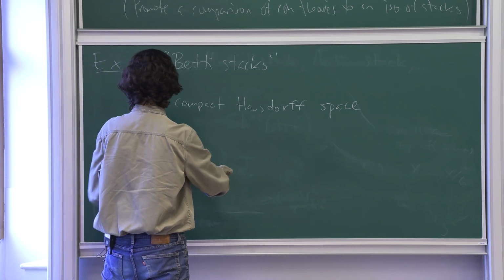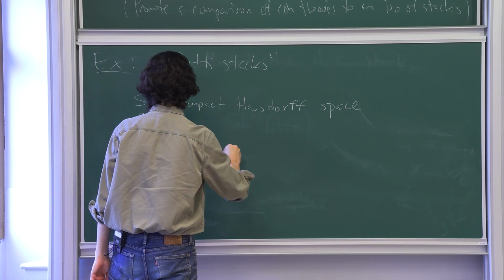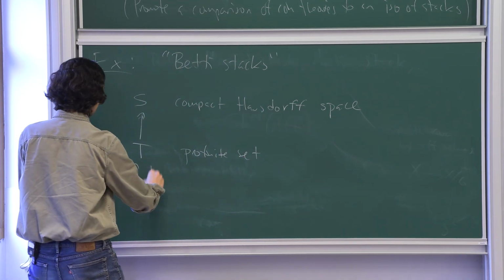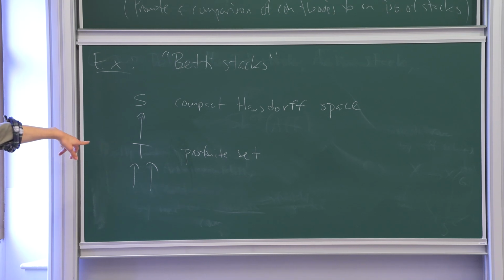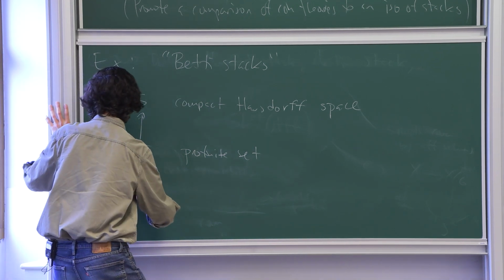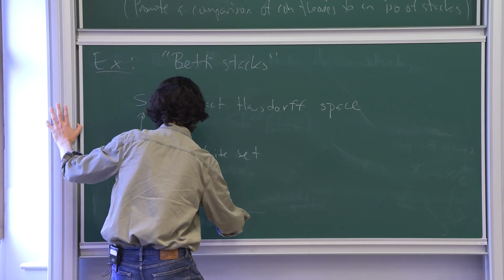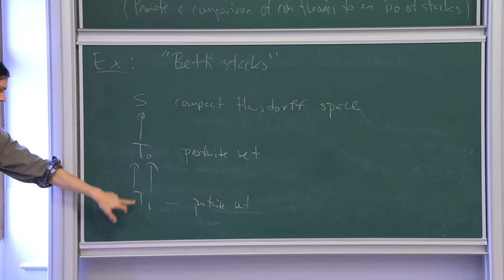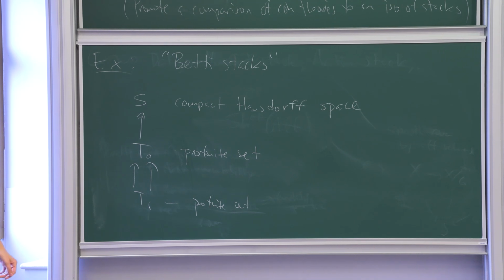You find a surjection from a profinite set. And then you have some fiber product, but that will be a closed subset of a product of two profinite sets, so T0 times T1 will also be a profinite set. So your compact Hausdorff space is a quotient of an equivalence relation in the category of profinite sets.